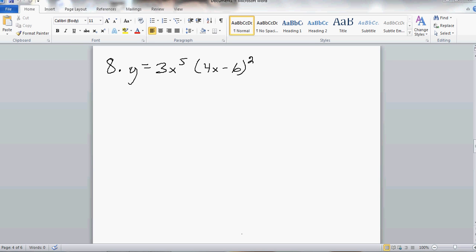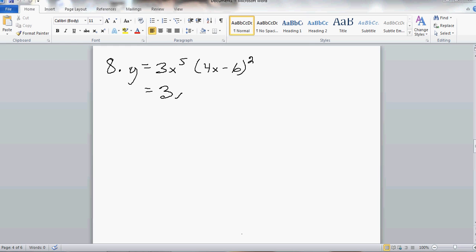Now here, yes, we could use the product rule, because we'd have to take this times this, and in order to find the derivative of this, we would have to use the chain rule. But I'm also going to say, you know what, it's not too difficult to take this to the 2nd power. So I'm just going to rewrite this in perhaps a little bit easier form.